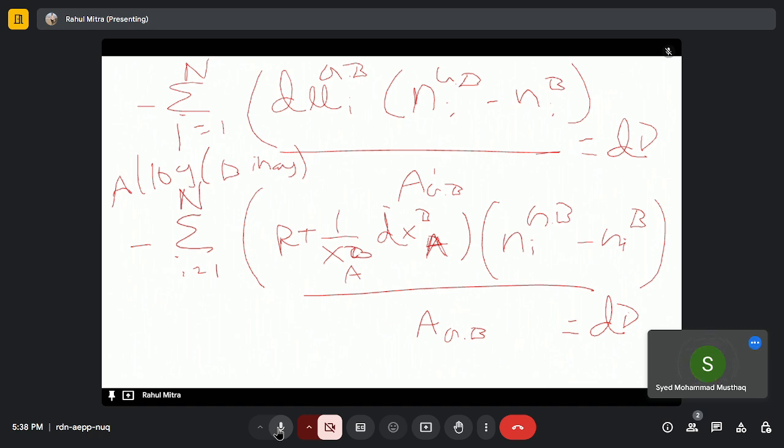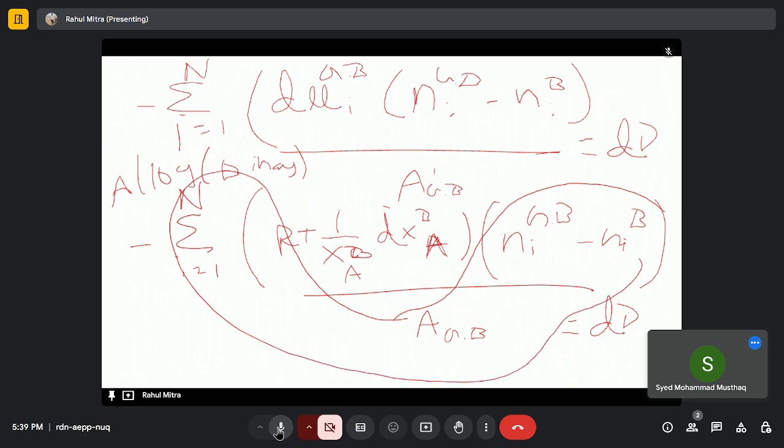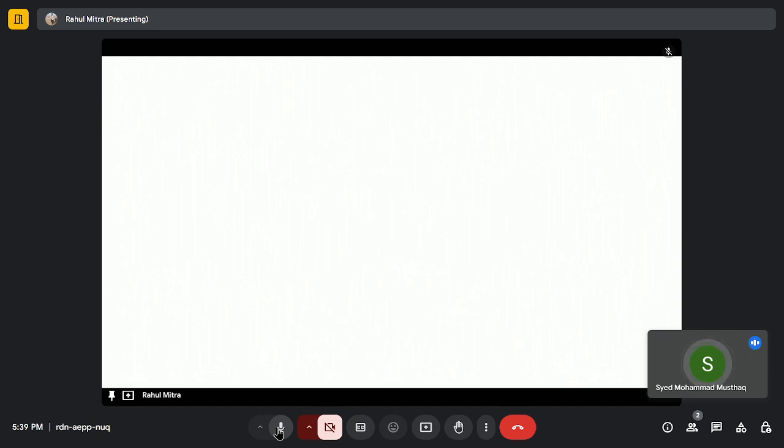So I'm putting everything, this term, to be constants, and that will come to be minus A RT XA bulk into dXA of bulk.